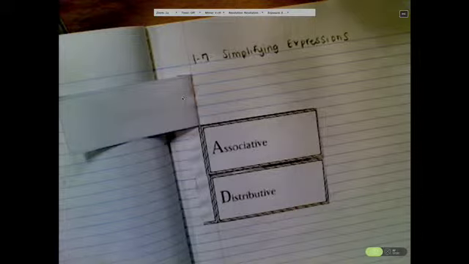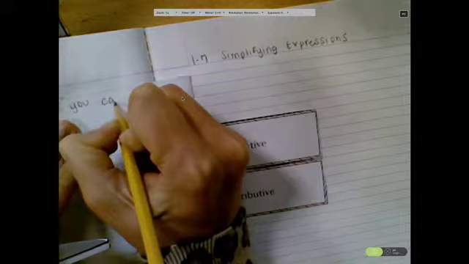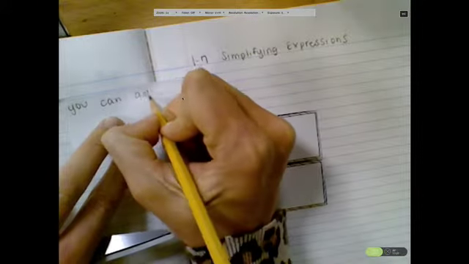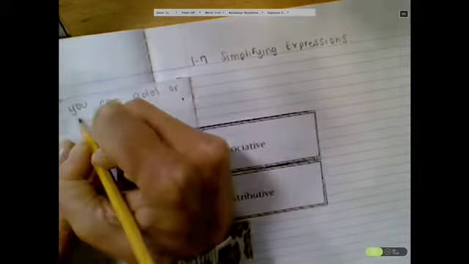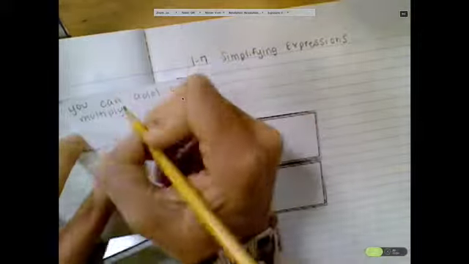The commutative property means that you can add or multiply in any order.